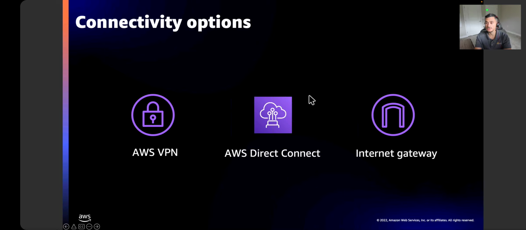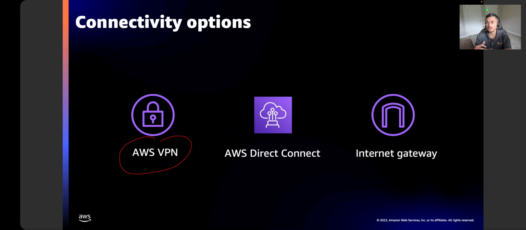We spoke about hybrid, and how can we actually incorporate that communication when we're dealing with hybrid architectures? There are different ways that we can form that connectivity. Firstly, we have solutions like AWS Site-to-Site VPN. With a Site-to-Site VPN connection, we have what's known as a customer gateway on your on-premises network, and then we have a virtual private gateway in AWS within your VPC.